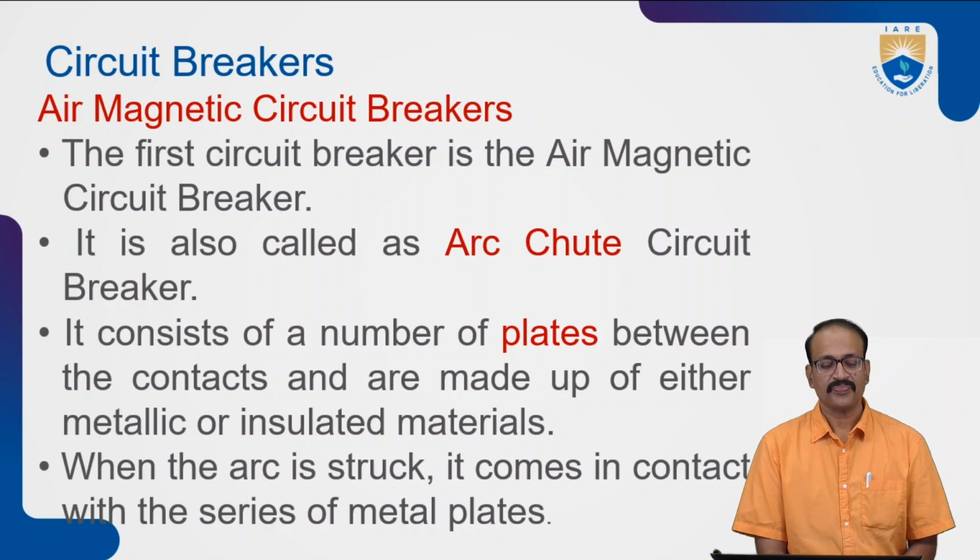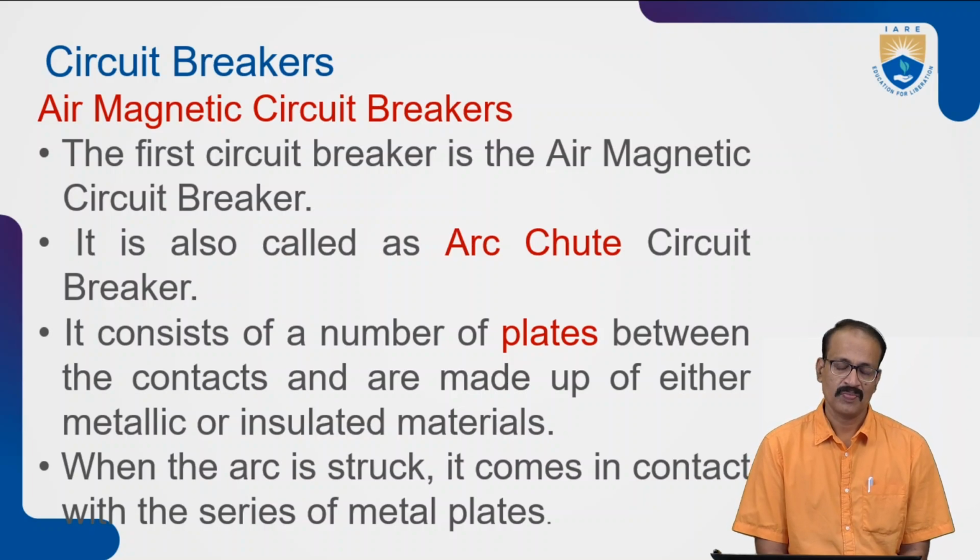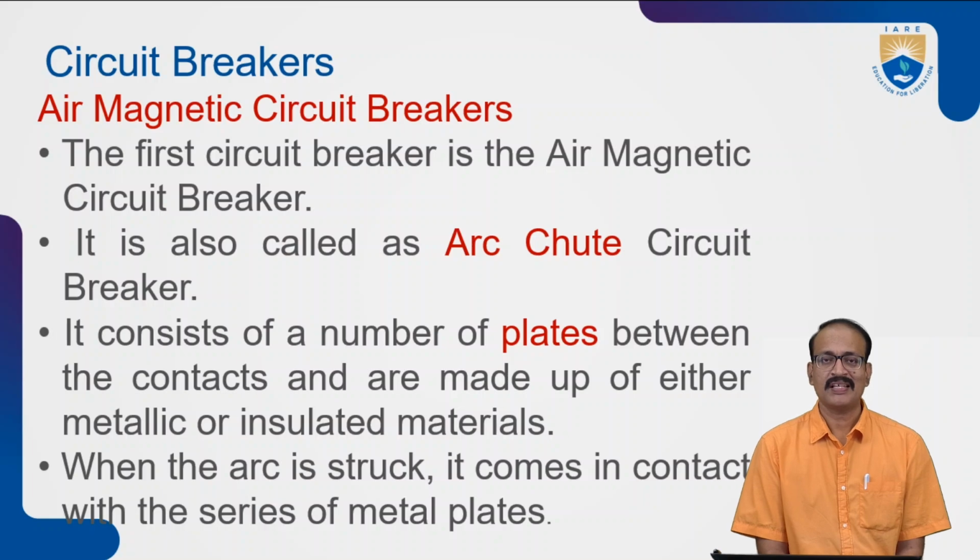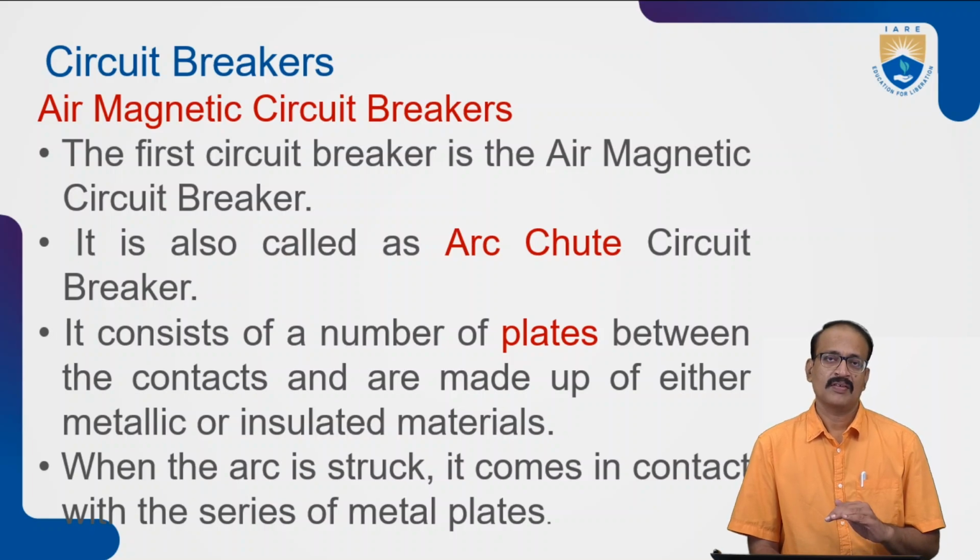So here, when the arc is struck, it comes in contact with a series of metal plates. In this magnetic circuit breaker, the first air circuit breaker, whenever the contacts are separated, naturally the arc is struck, because before we start the preventive action, the fault has already occurred.